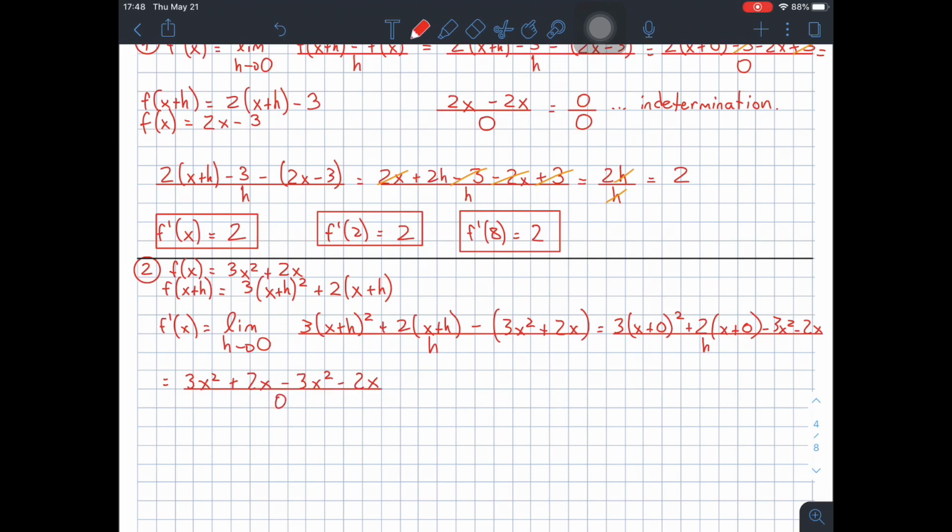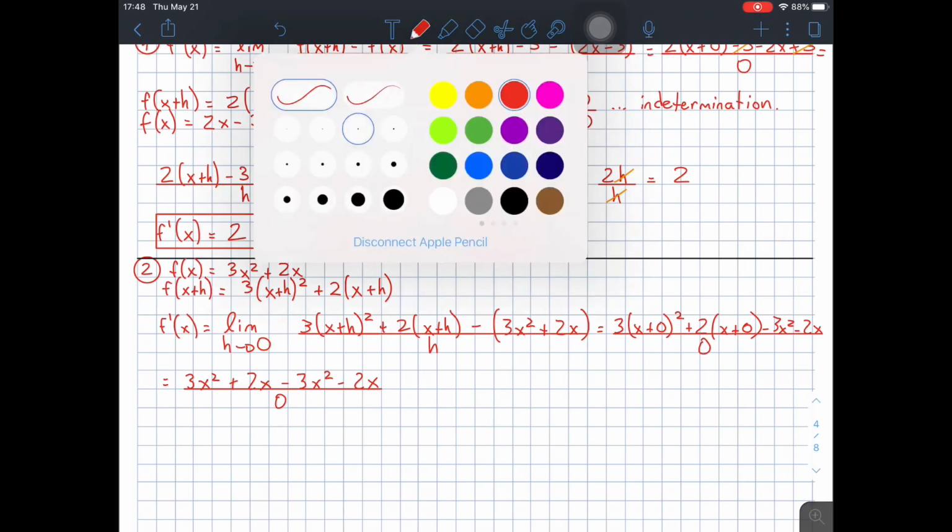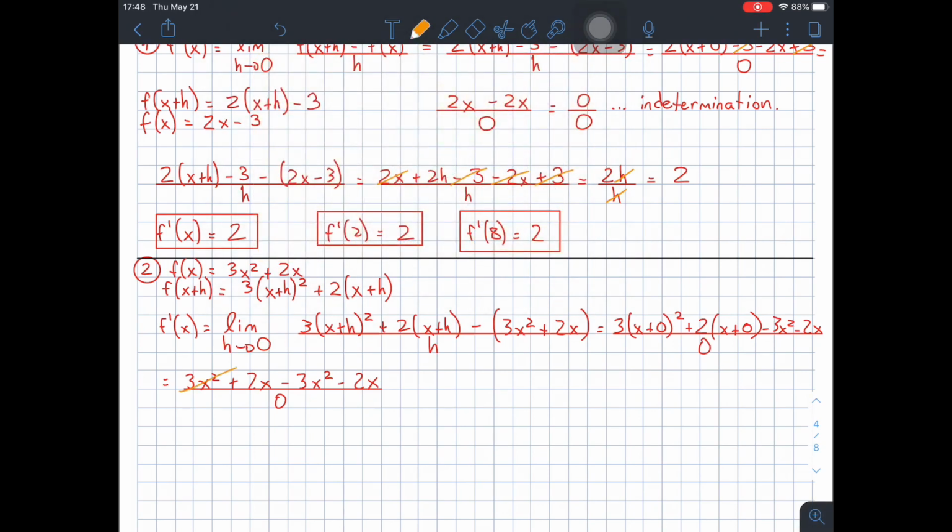So divided by 0. So you see that if we simplify like terms, this goes out with this and this with this. So we're once again getting 0 over 0, which is an indetermination. So we need to solve for this indetermination.